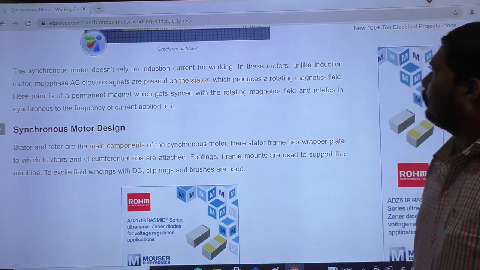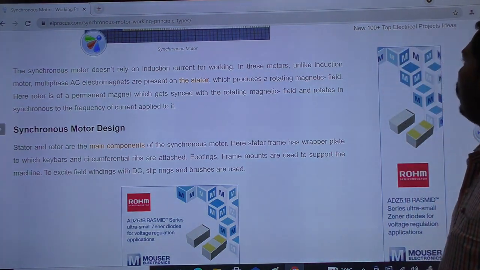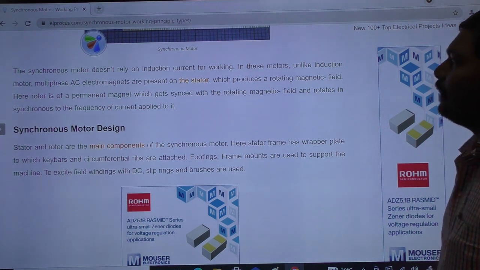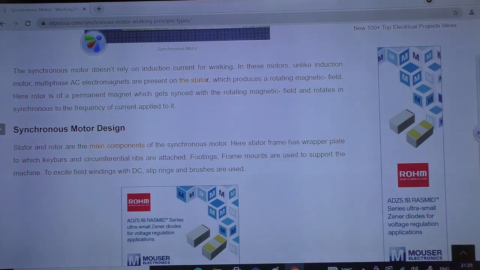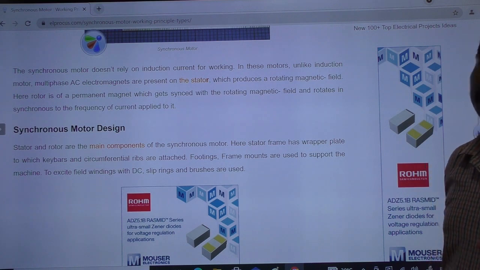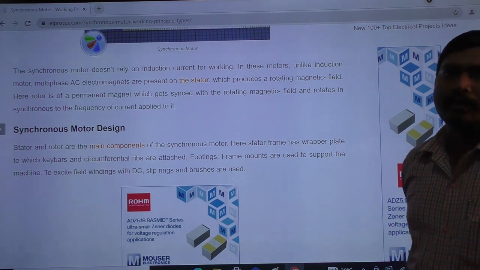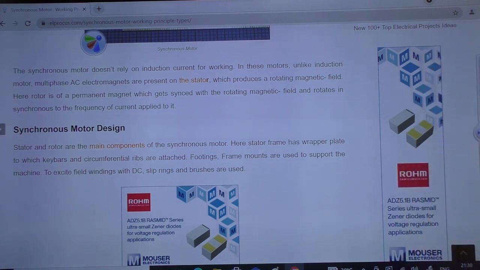So it does not depend upon induction current for working. In this motor, unlike the induction motor, multi-phase AC electromagnets are present on the stator. The revolving flux which we have already stated. So this is multi-phase AC. Why? Because we have applied three-phase supply, which produces a rotating magnetic field. Hence, the rotor is a permanent magnet.